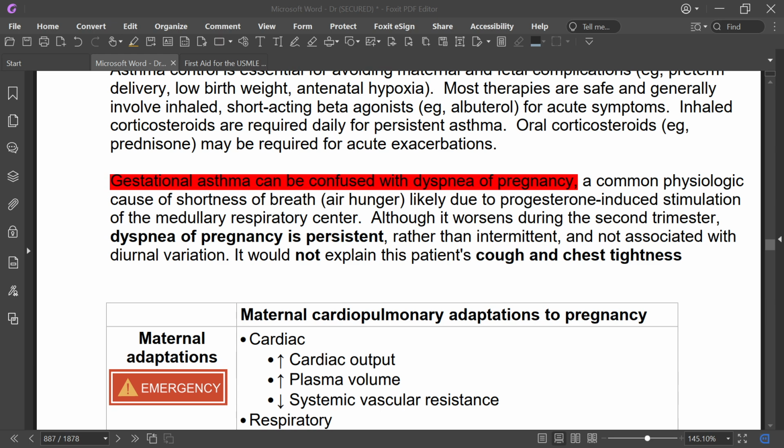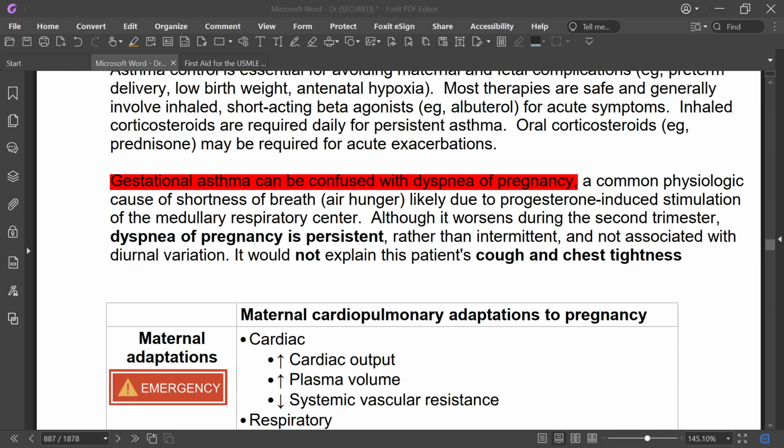Gestational asthma can be confused with dyspnea of pregnancy, a common physiological cause of shortness of breath. Why is dyspnea of pregnancy happening? Due to progesterone-induced stimulation of the medullary respiratory center. Although it worsens during the second trimester, dyspnea of pregnancy is persistent rather than intermittent and not associated with diurnal variation.